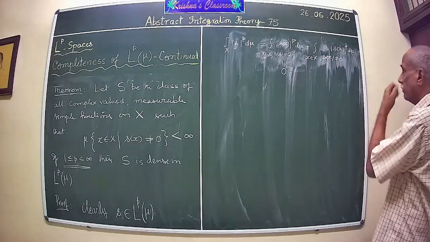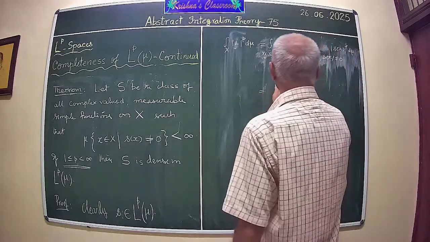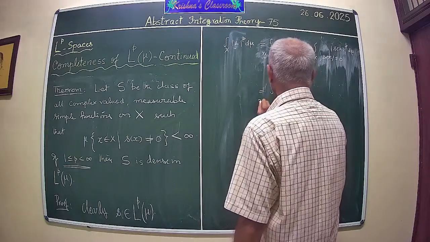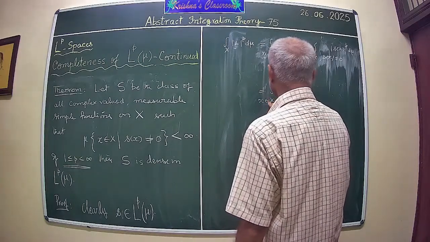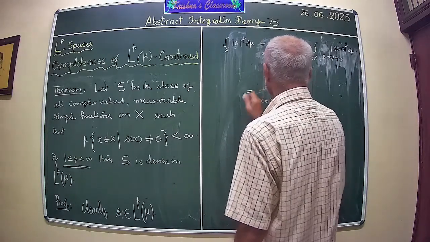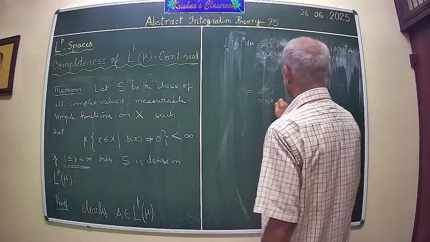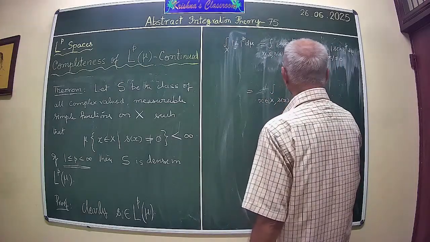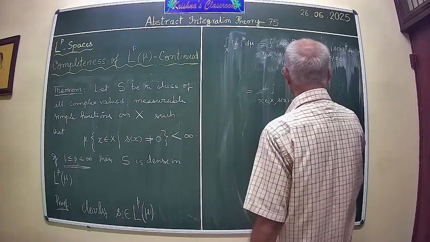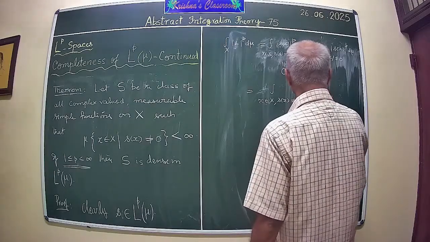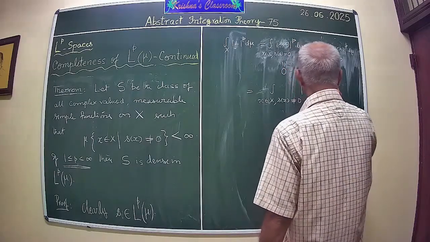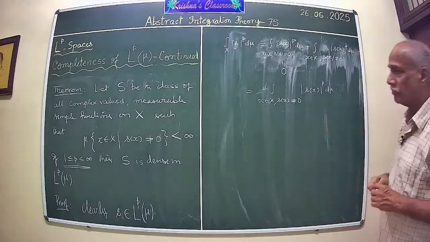Okay. Therefore, this is equal to the integral over x belonging to X with s(x) not equal to 0 of |s|^p d mu, and you know that s(x) takes only finitely many values.